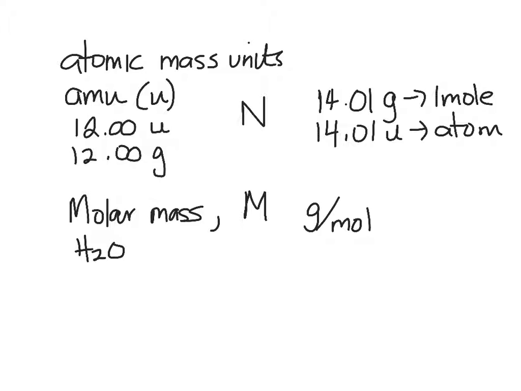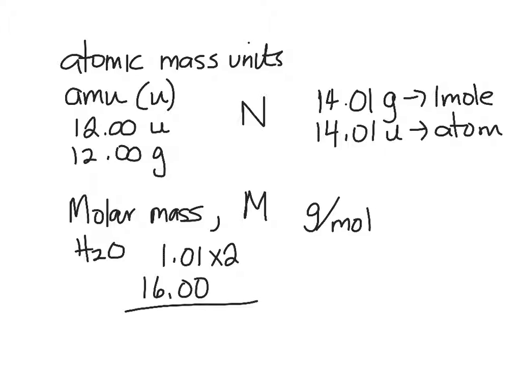What is the molar mass of hydrogen? 1.01 grams per mole. Yeah, it's 1.01, but there's 2 of them. What's the molar mass of oxygen? Find it. 16.00.